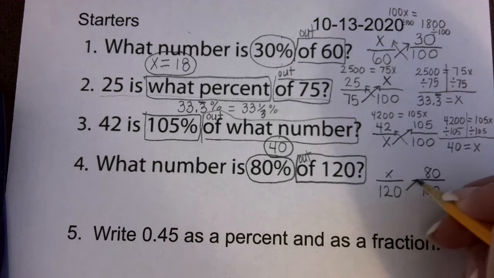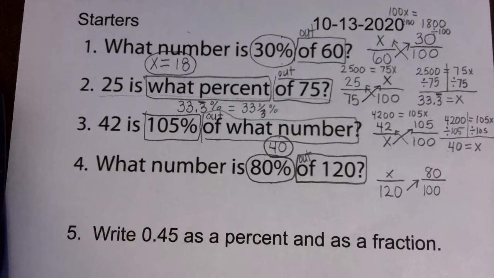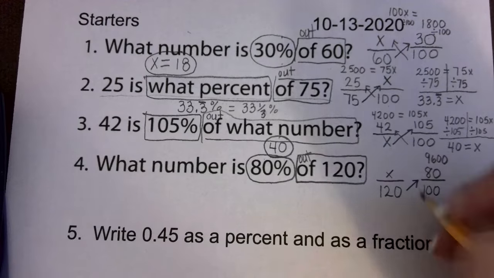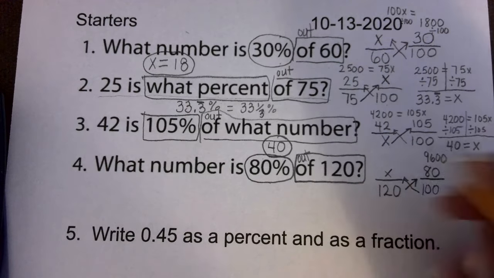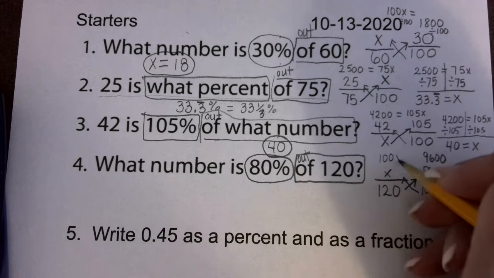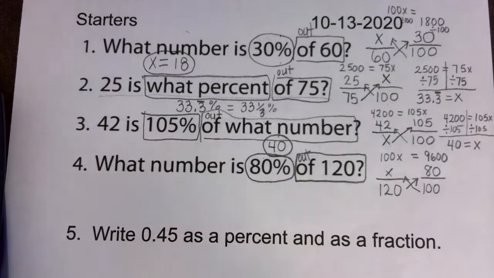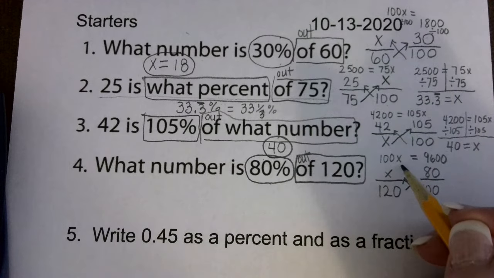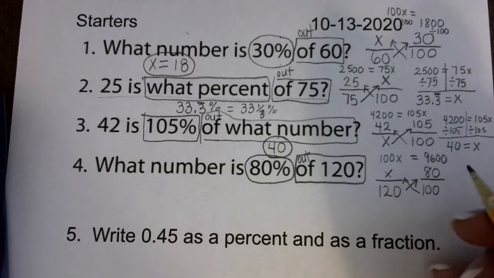I cross multiply. 120 times 80 is 9,600. And 100 times x is 100x. Those two things have to be equal. So when I'm doing that problem, I have to figure out 100 times what number is equal to 9,600.